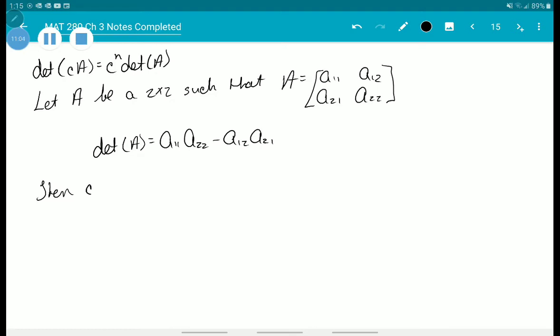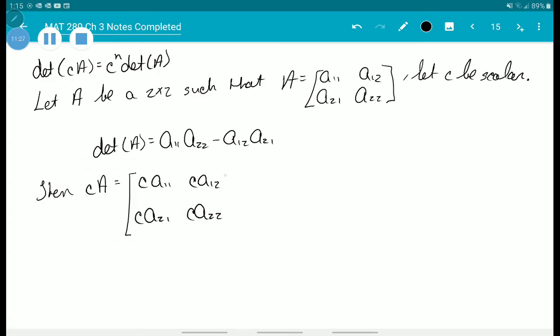So then if we were to look at CA, the scalar C, let's define that up here, times matrix A would look like this: CA11, CA12, CA21, and CA22.